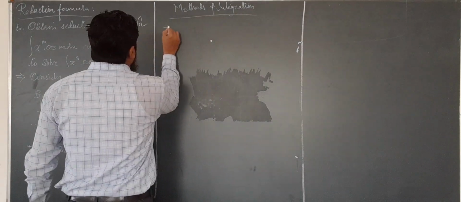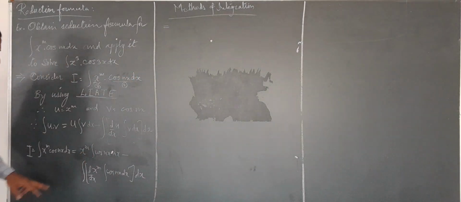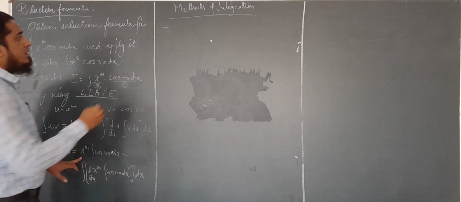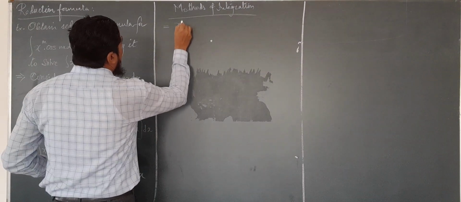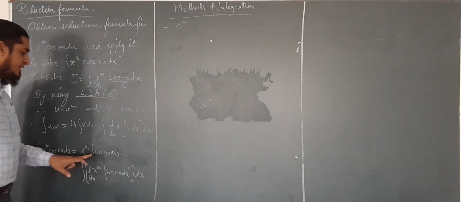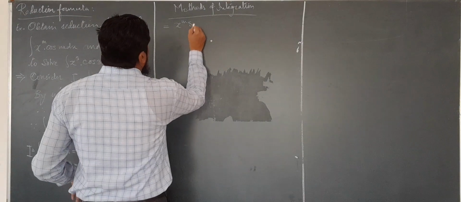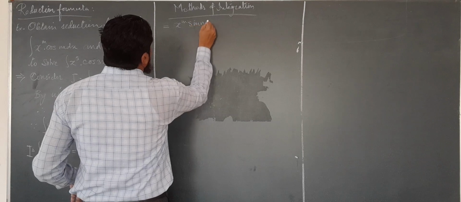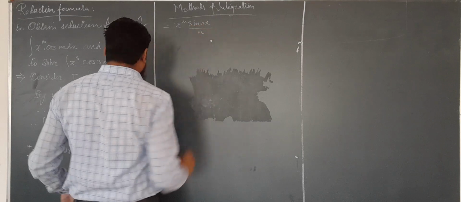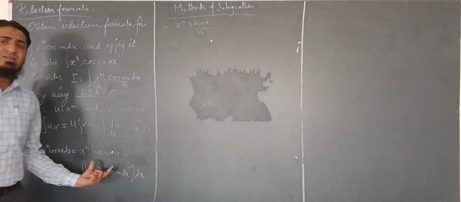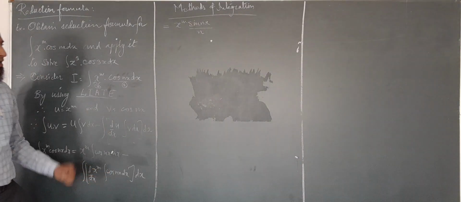Now, x raised to m as it is, and integration of cos nx becomes sin nx upon n, correct? By using the integration of cos nx dx formula.